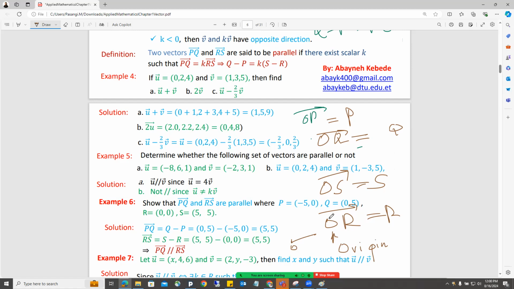Otherwise, we can say the starting point is the origin.